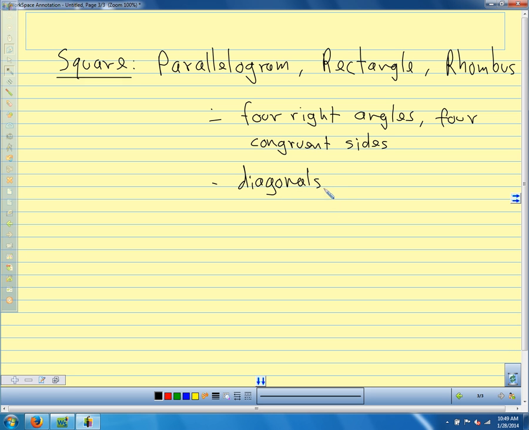they bisect each other. They are congruent. They bisect the angles.